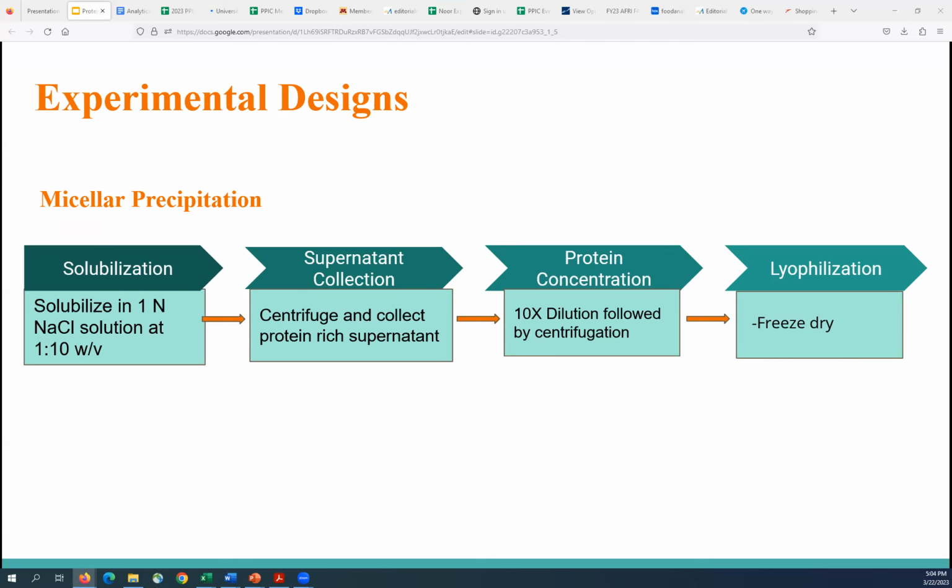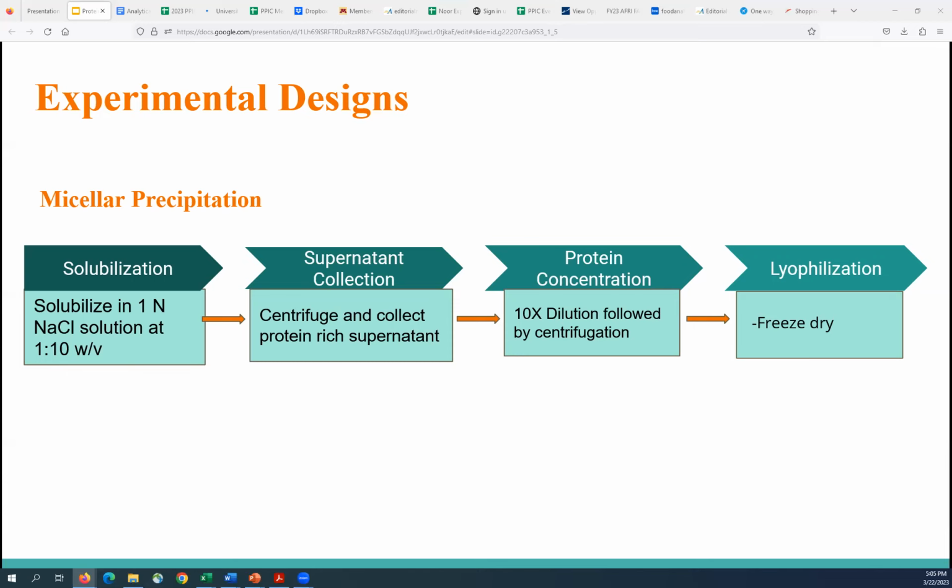Okay, one more question. I have a question: I didn't understand what micellar precipitation even means. Basically, they use salt solutions to solubilize their samples, then centrifuge it and collect the supernatant containing the solubilized protein.